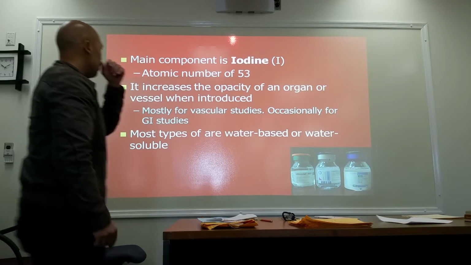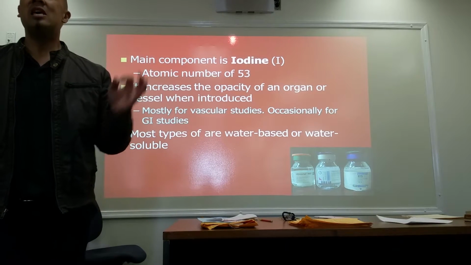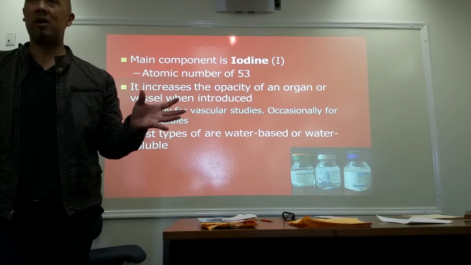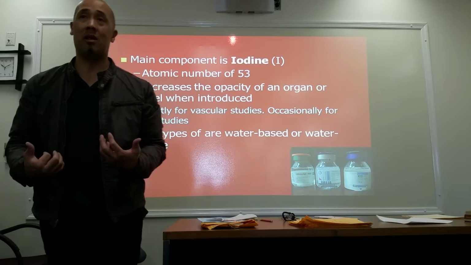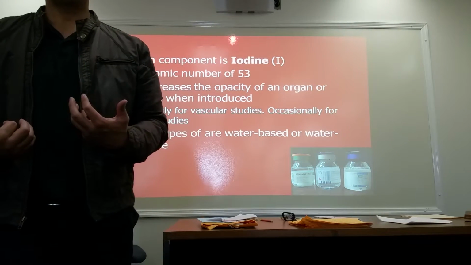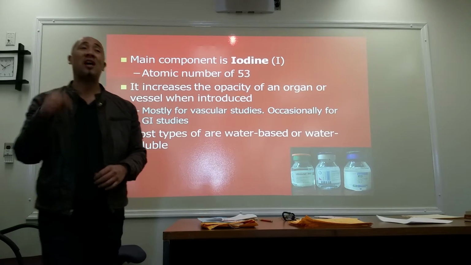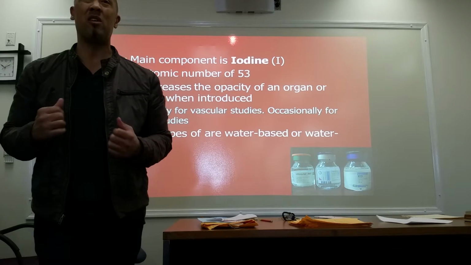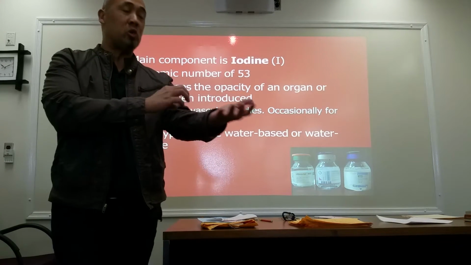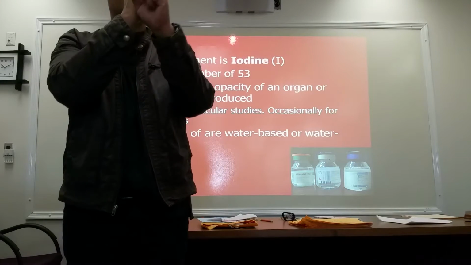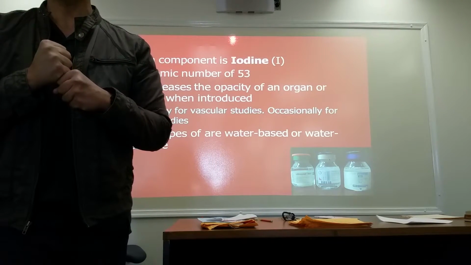That's why we don't like to use iodine for the GI system, because it has a lower atomic number. 56 with barium, you can see the outline of the GI system very well. With 53, you don't see it very well. That's why it's only used for the vascular system, because it's a smaller area. We're not looking at big areas. 53, when introduced to a small vessel, becomes very concentrated, so you can see the vessels very well. Is that making sense, guys?